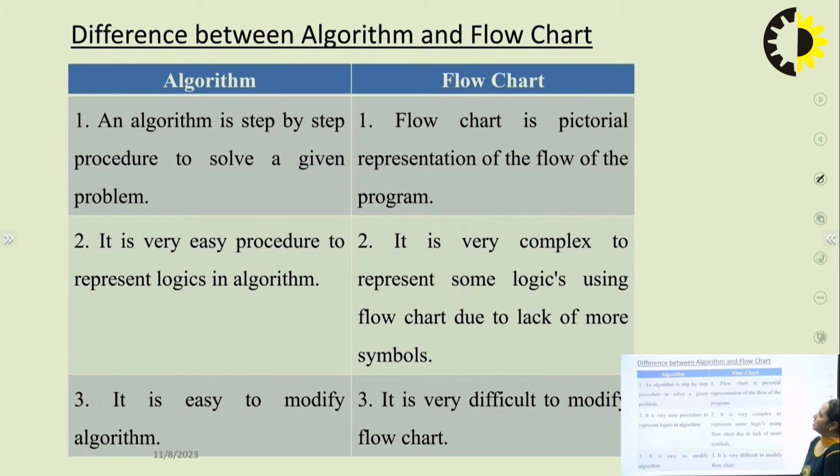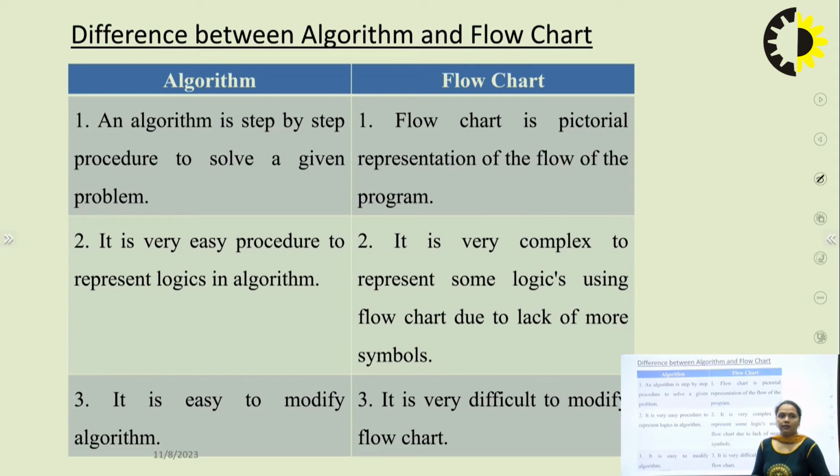Next, we will discuss the difference between algorithm and flowchart. Many a times this question comes in the exams: what is the difference between algorithm and flowchart. So an algorithm is a step-by-step procedure or solution to solve a problem. But a flowchart is a pictorial representation of the program.